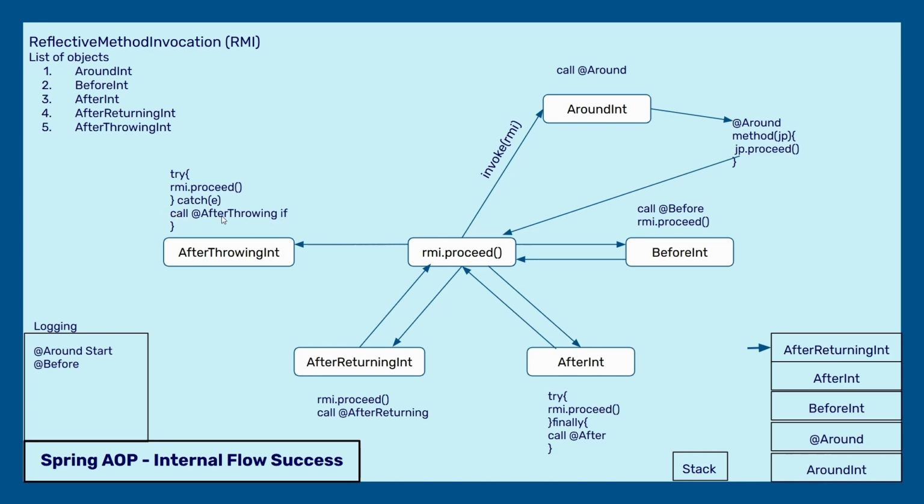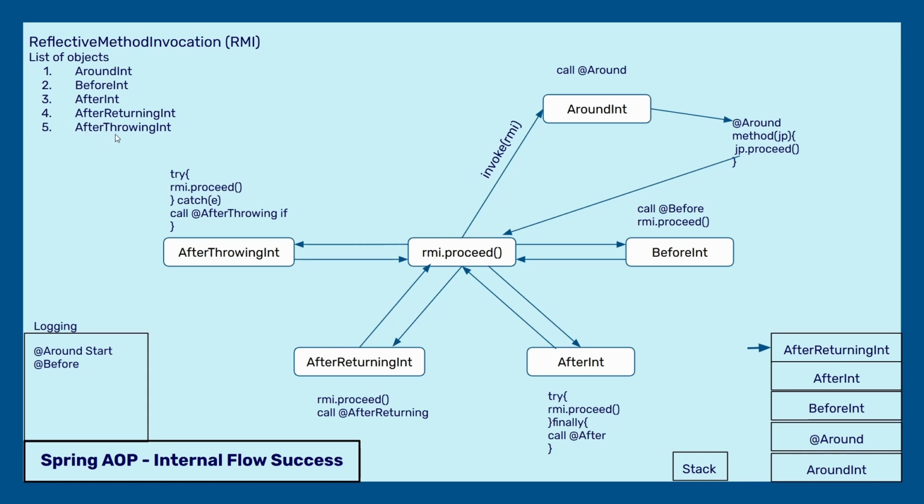In a sense, a call to after throwing advice takes place only if the type of this catch object matches the after throwing exception which we defined. Since a call to rmi.proceed takes place, it goes back.